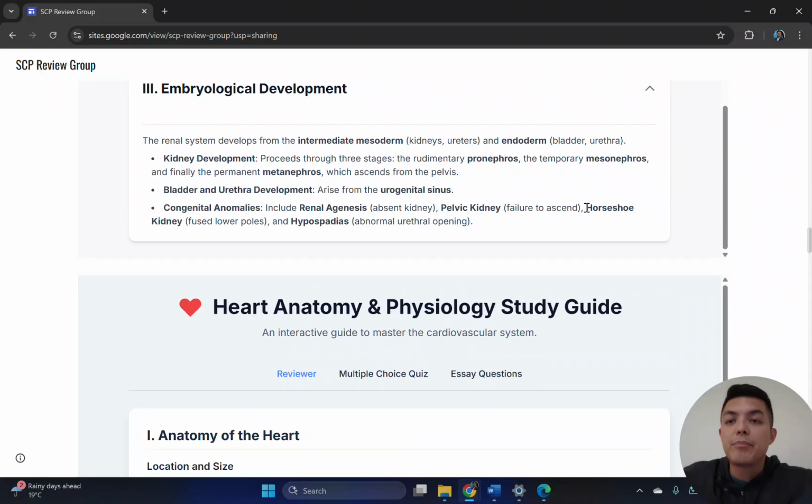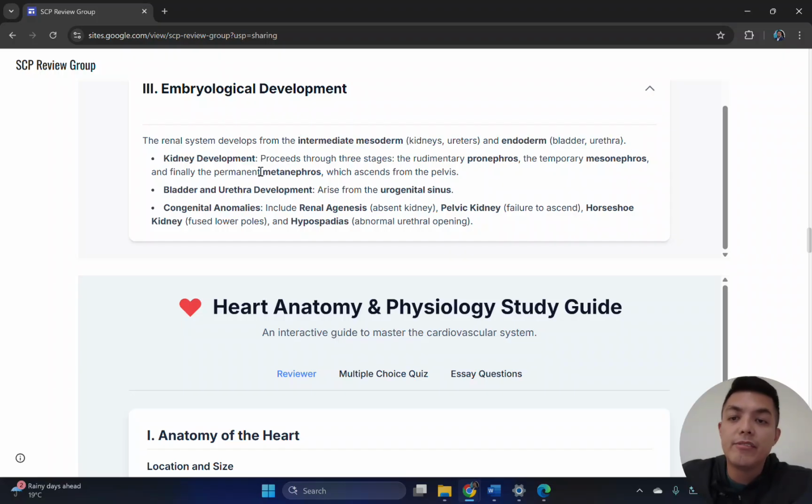And for the embryological development, it will develop from the intermediate mesoderm, which gives the kidneys and ureters, and the endoderm, which will be the bladder and the urethra. So the upper tract is from the intermediate mesoderm, and the endoderm gives the bladder and urethra.